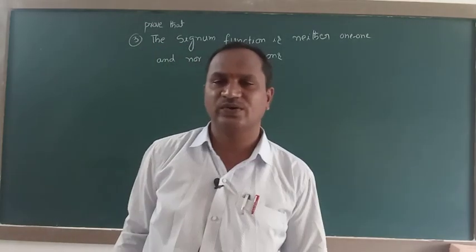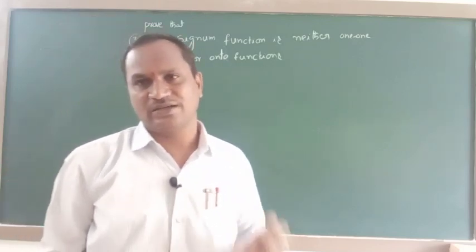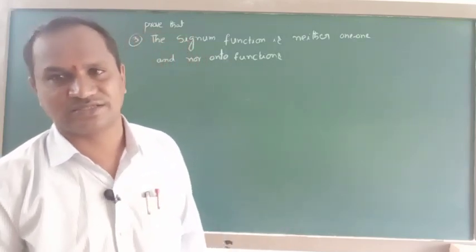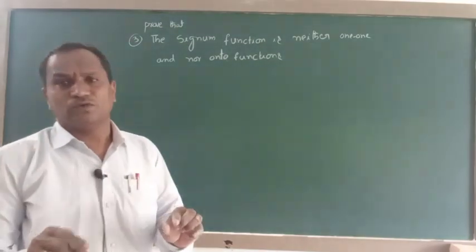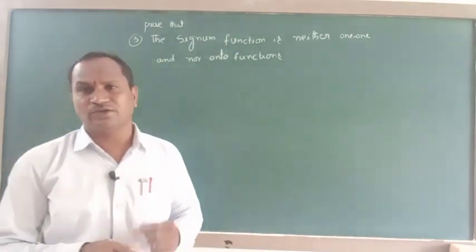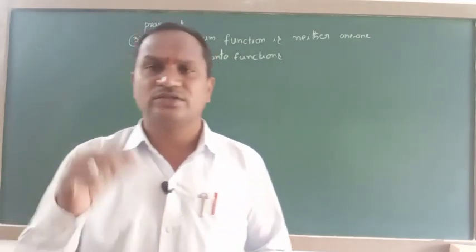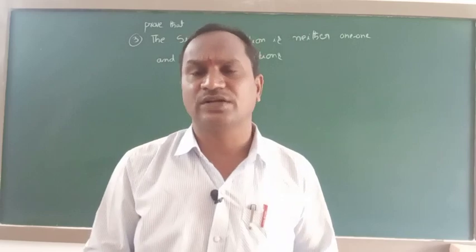Now we are going to check whether it is one-one or not, and whether it is onto or not. First, before that, we must know the definition of the signum function. When you give the solution for this question, first you have to give the definition of the signum function.